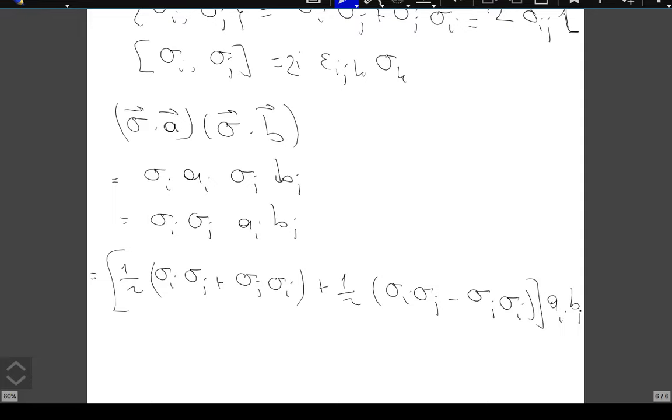Now, the reason is I already know what these combinations are. This combination is twice Kronecker delta_ij, and this combination over here is twice i epsilon_ijk sigma_k.